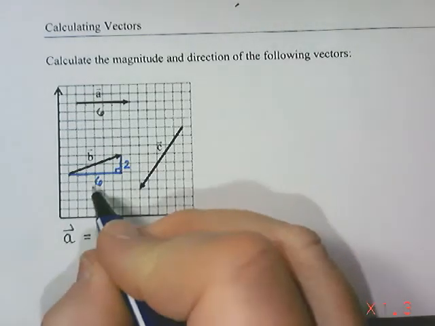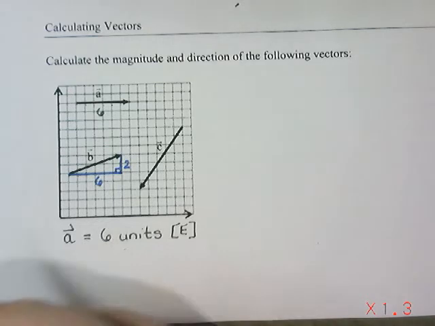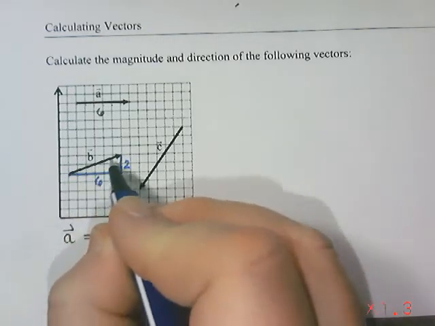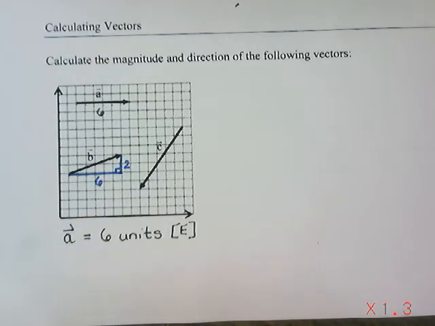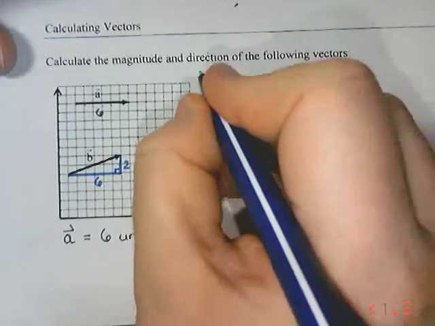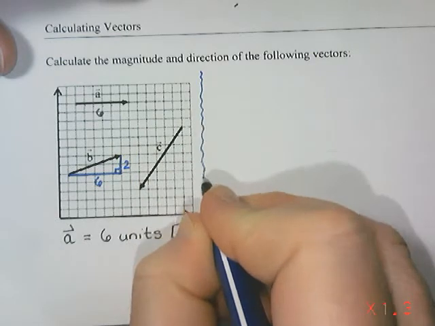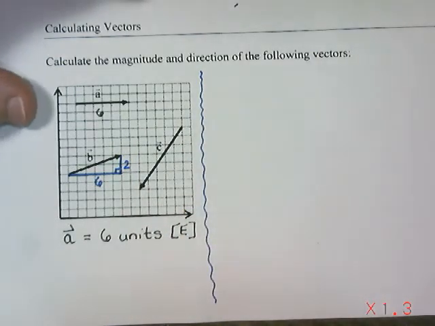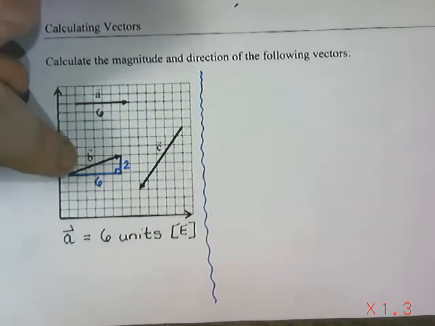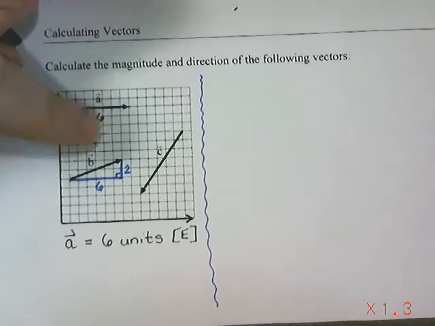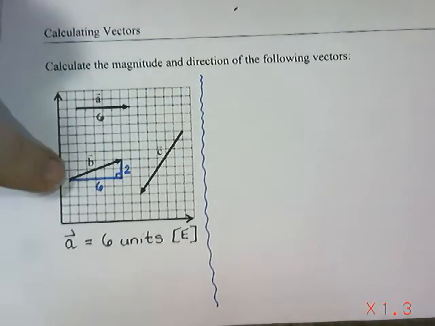Now, if I have 2 sides in a right angle triangle and I want to find the length of the third side, I can use Pythagorean Theorem. So to do vector B, I'm going to start by using Pythagorean Theorem to calculate the length of that vector, or the magnitude of the vector.